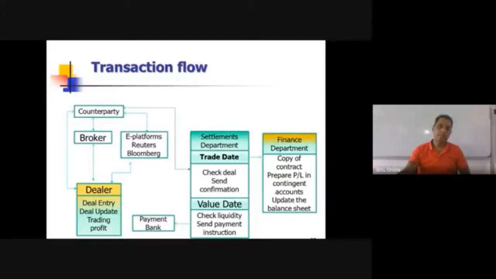The only thing the settlement guys have to be careful about is that the dealer could be dealing for same day value, spot date, or forward dates. So the settlement guys have to make sure the settlement goes through at the correct time in the correct way. But the updating for finance and P&L purposes usually happens at the time the deal is booked. Is that clear?